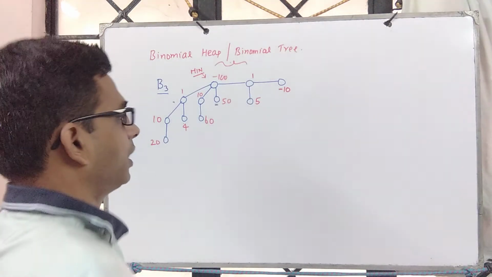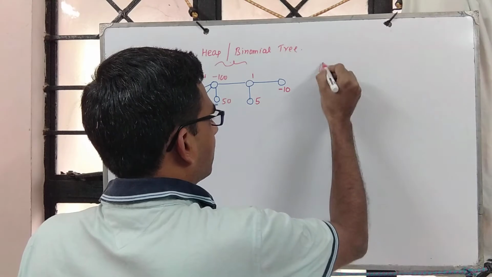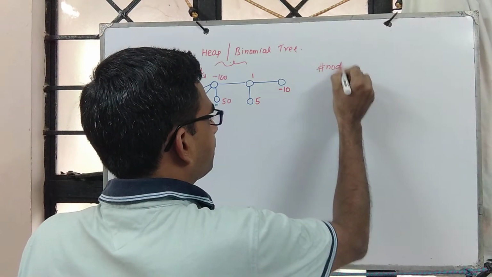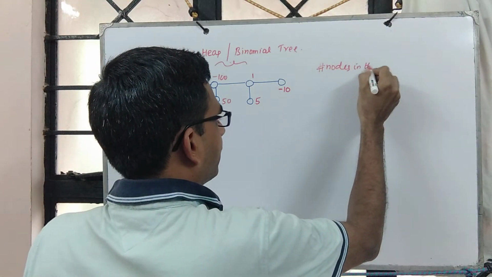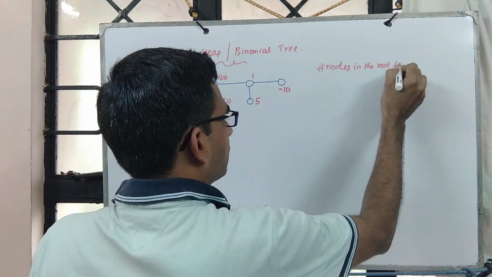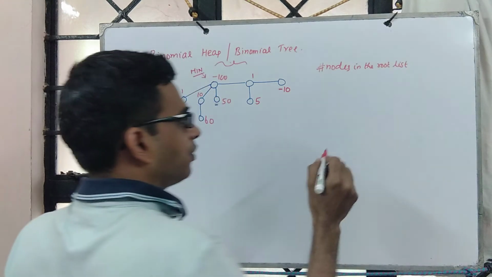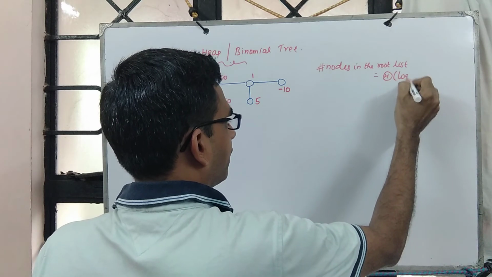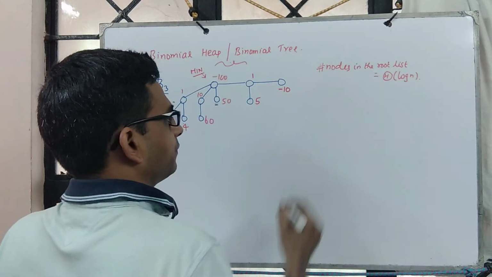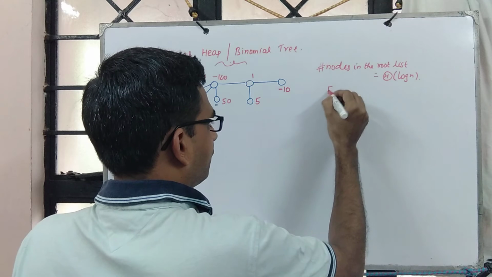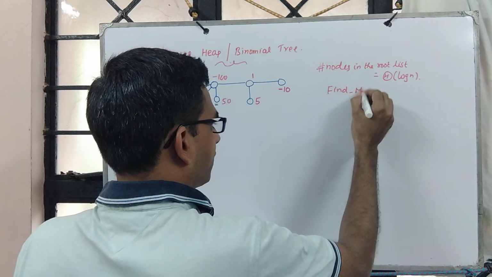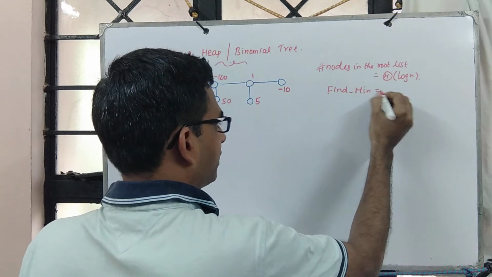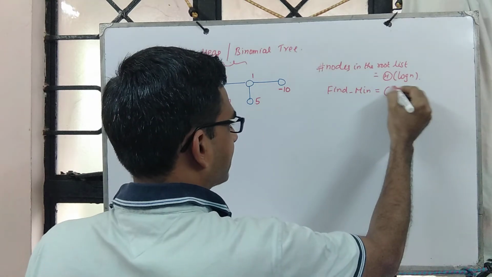Correct? And we also saw that the number of nodes in the root list is at most floor of log n plus 1, or it is theta of log n. So which means find minimum, suppose we are not maintaining a pointer, is one linear scan.